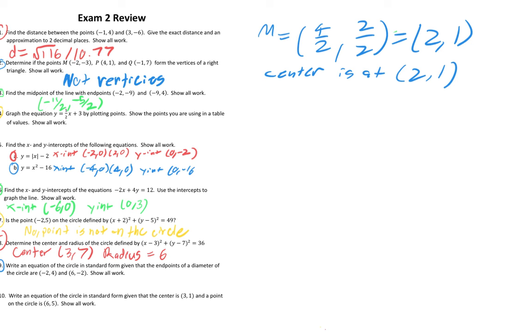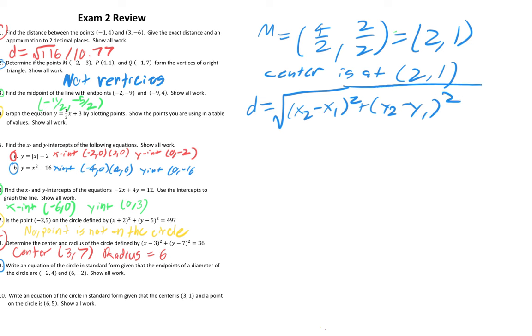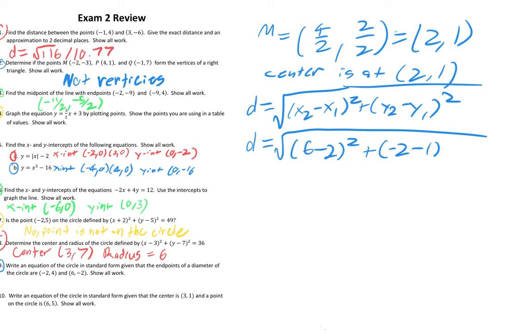So to find our radius, we're going to take the distance formula from our center point to one of our outer points, right? So distance is equal to the square root of (x2 - x1) squared plus (y2 - y1) squared. So our distance is going to be the square root of (6 - 2) squared plus (-2 - 1) squared.